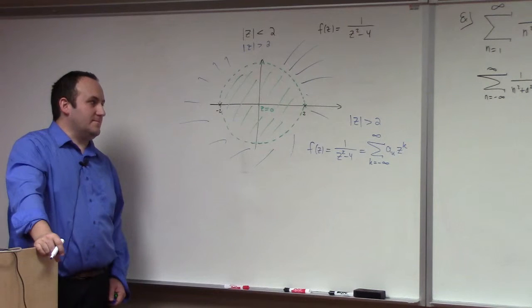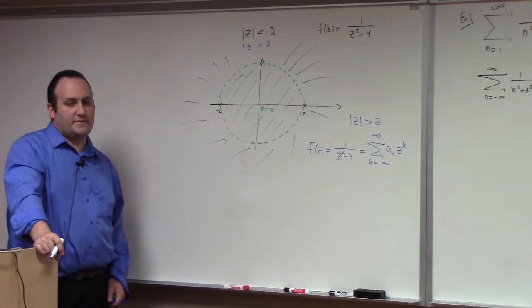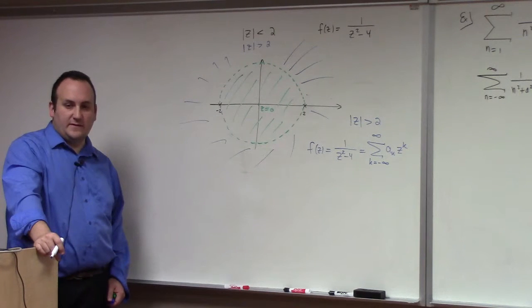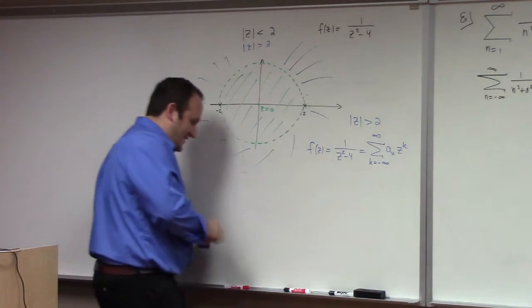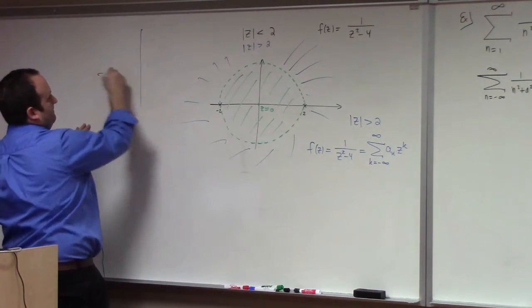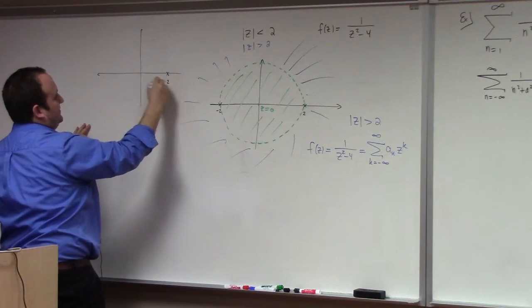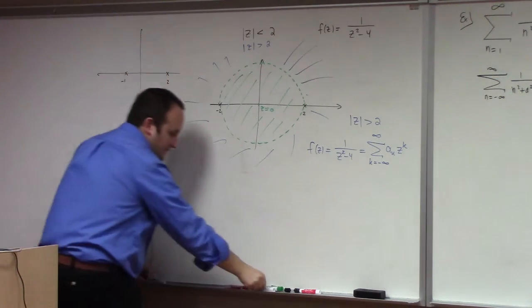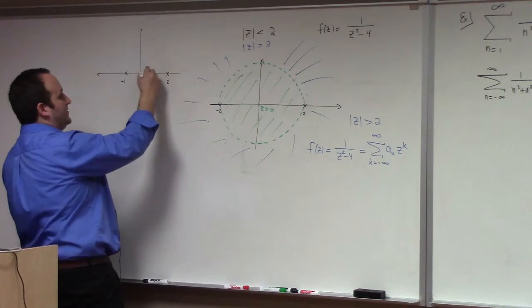It's kind of a quirk of this example that the singularities are symmetrically situated about the origin, right? If we had an asymmetrical setup, like if you could imagine another problem where there's a singularity at 2 and a singularity over here at minus 1, in that case the question could have 3 interesting parts.